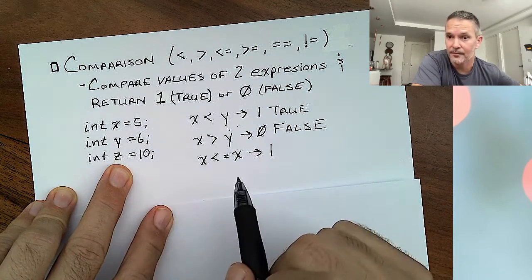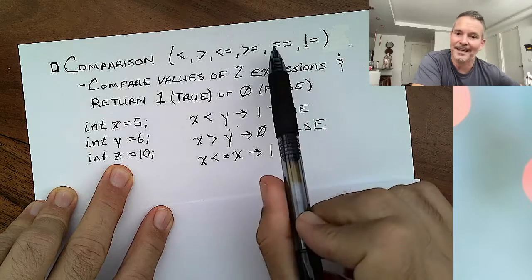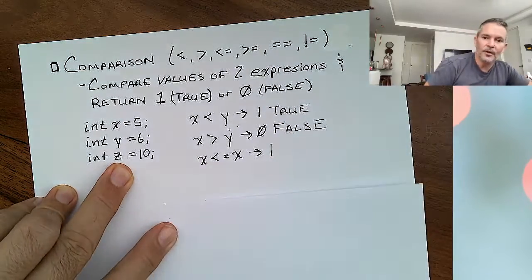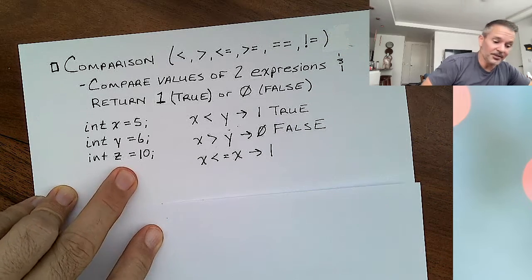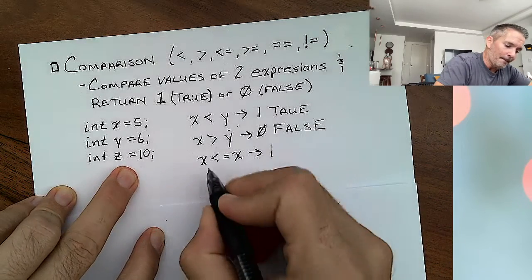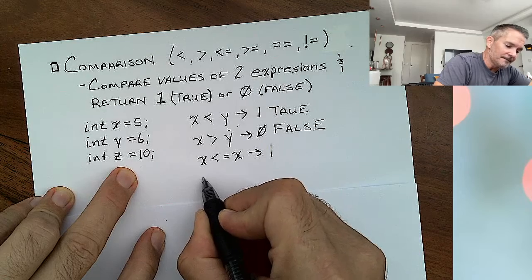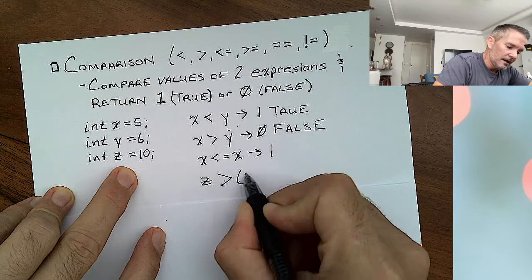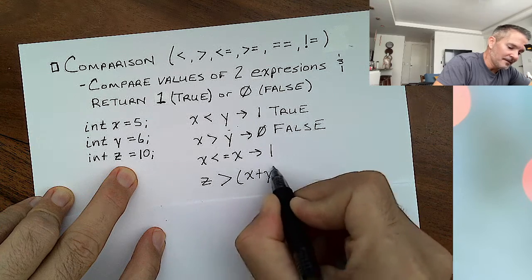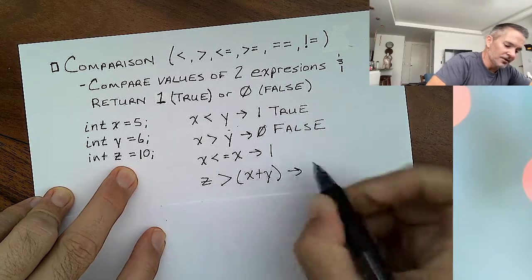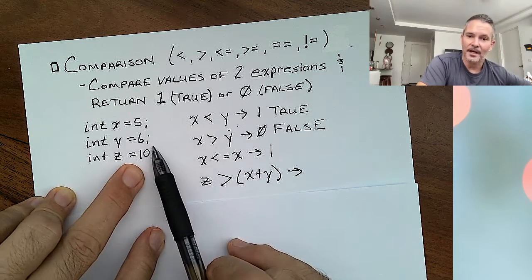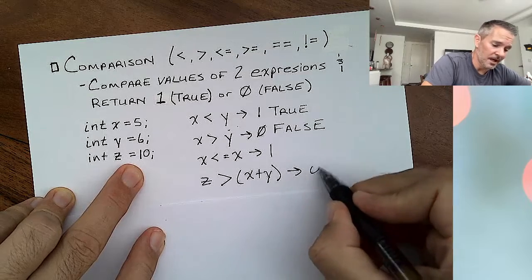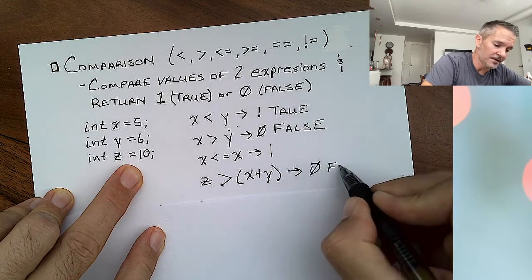It's equal to itself. So using these expressions, I can compare numbers. Okay? I can also compare expressions like this. I could say z is greater than x plus y. I'm asking it as a question. Well, if I add x and y, I get 11. Is z greater than 11? Nope, it's not. So 0 will come out of this.